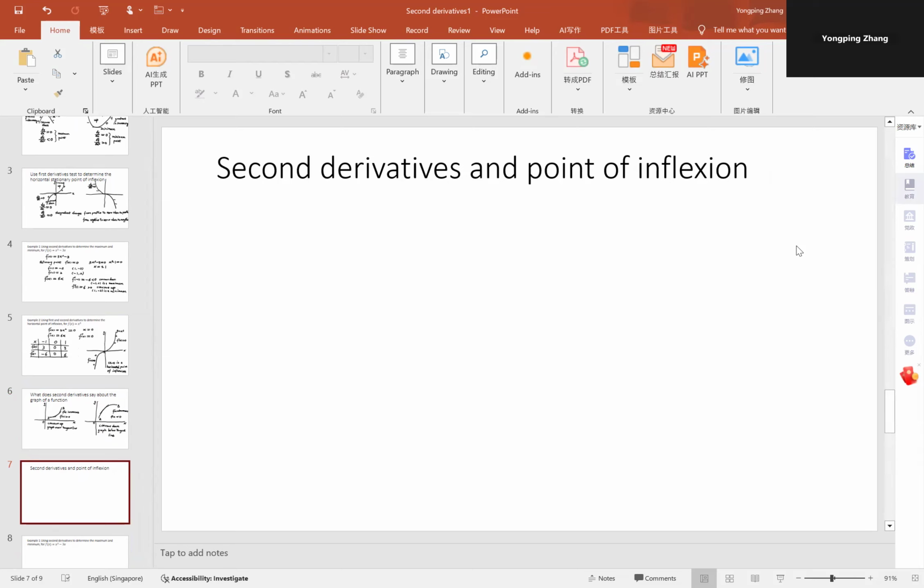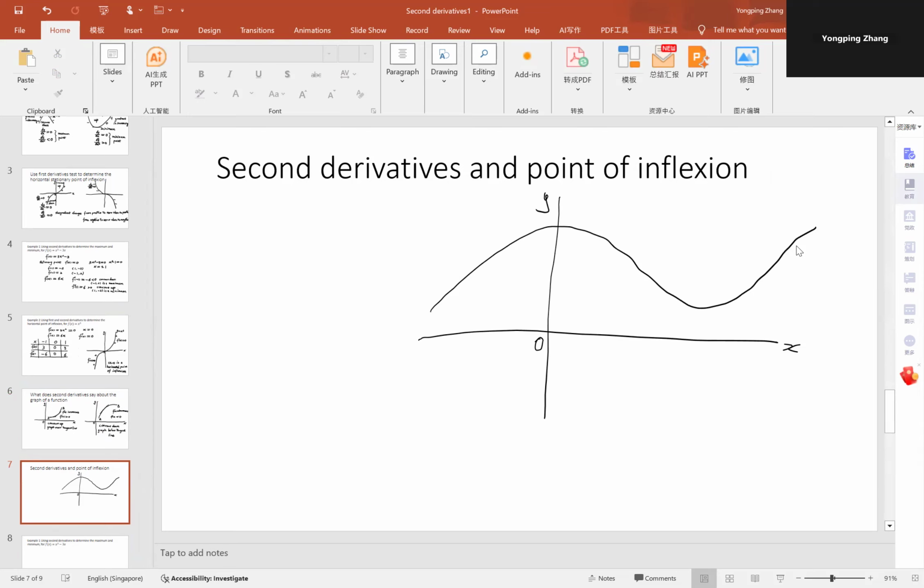So for the second derivative and points of inflection, we can see this curve from point A, B, C. This point is the minimum.